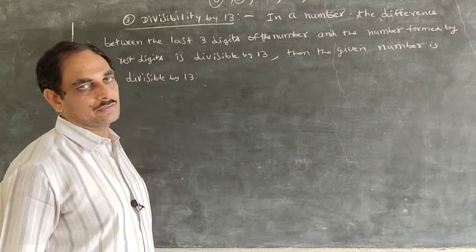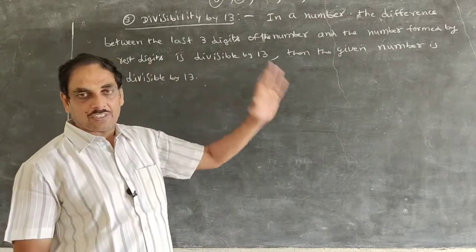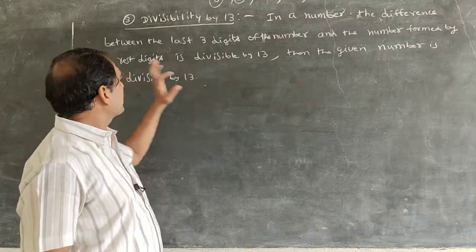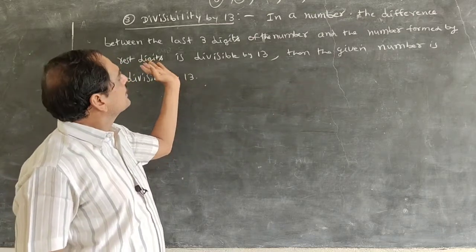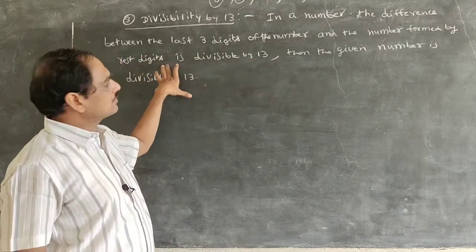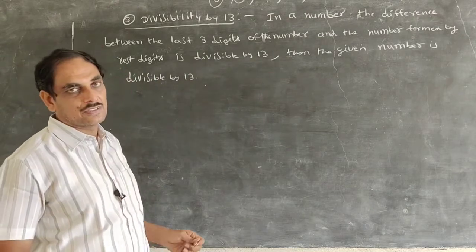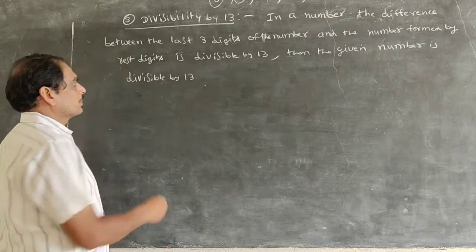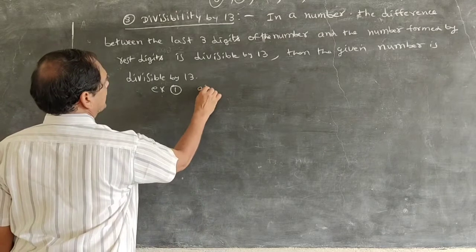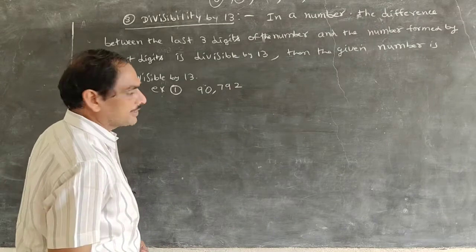So in any number, we find the difference between the last three digits of the number and the number formed by the rest of the digits. If that difference is divisible by 13, then the given number is divisible by 13. Example 1: 90792. This is a 5-digit number.